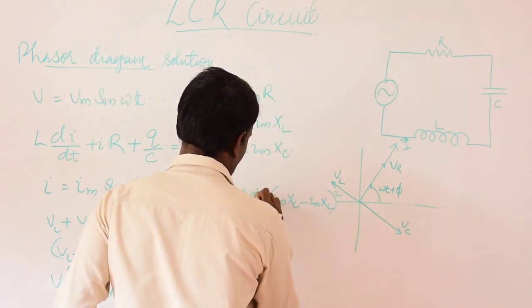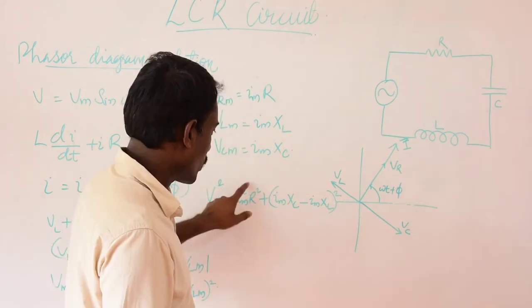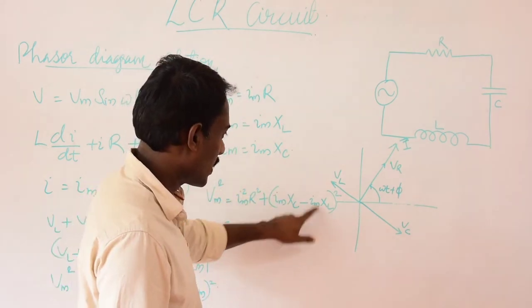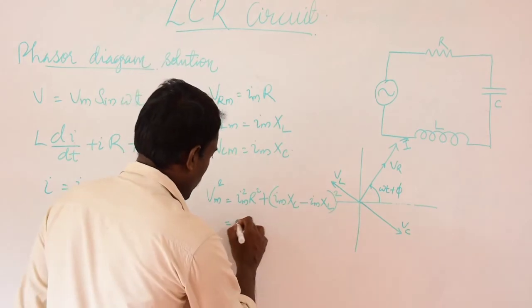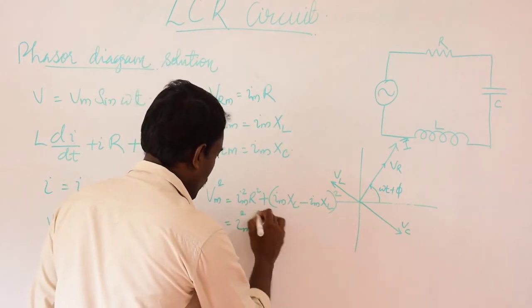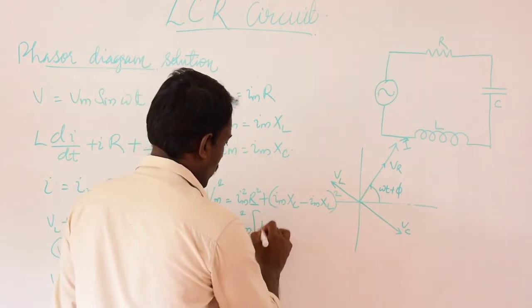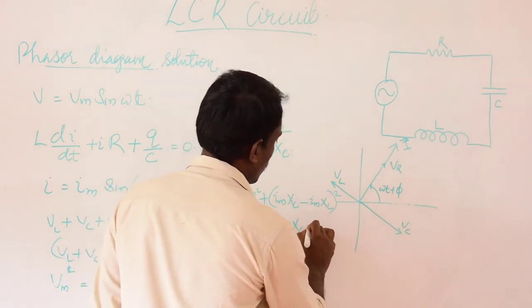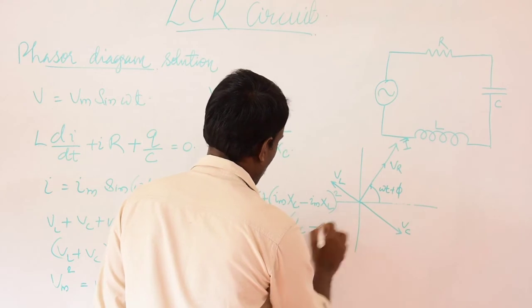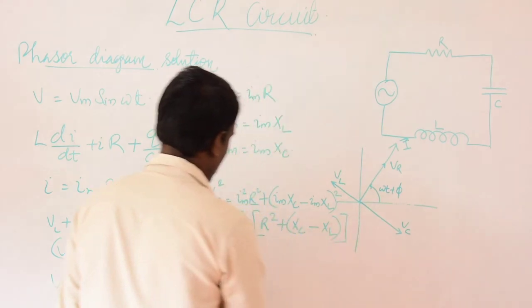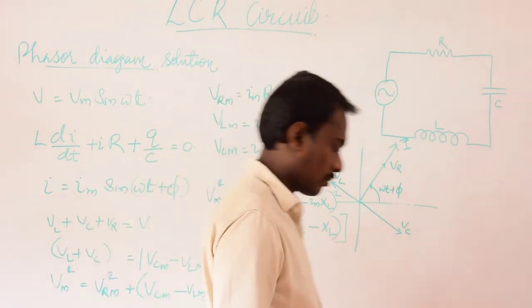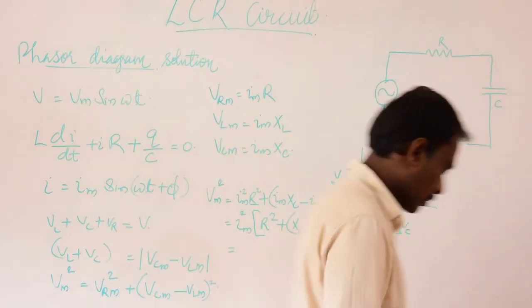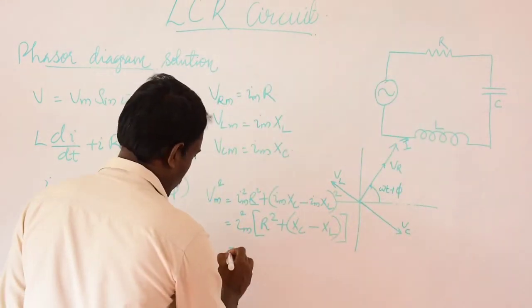IM square can be taken out: IM square into (R square plus (XC minus XL) square).